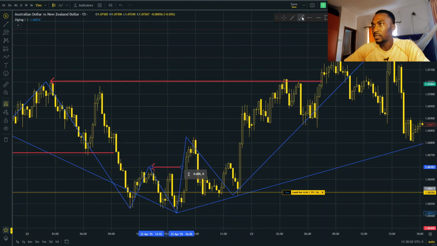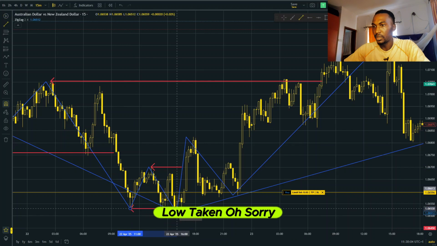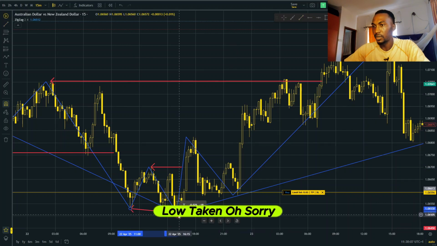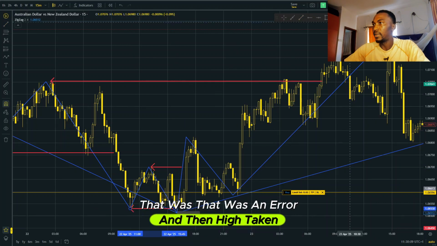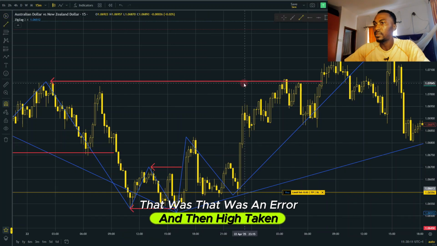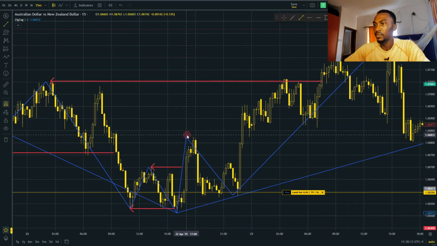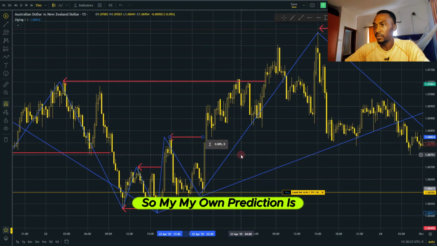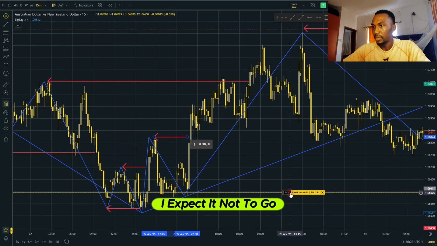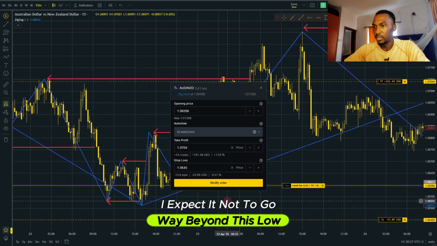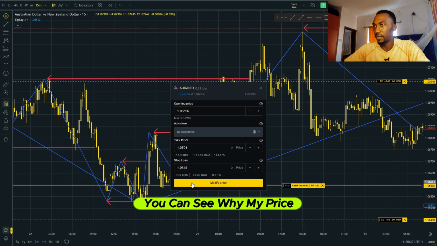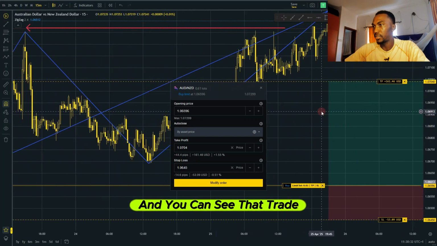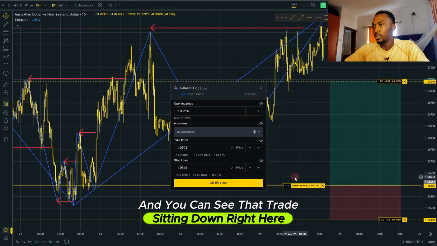High taking, low taking, and then high taken. So my own prediction is, if price returns here, I expect it not to go way beyond this low. You can see why my price is here, and you can see that trade sitting down right here. This is one trade.